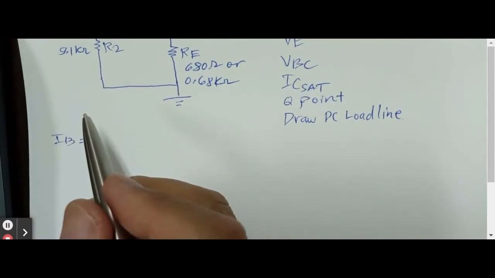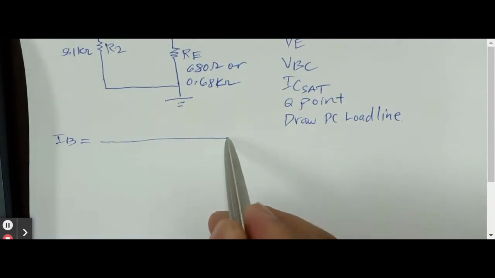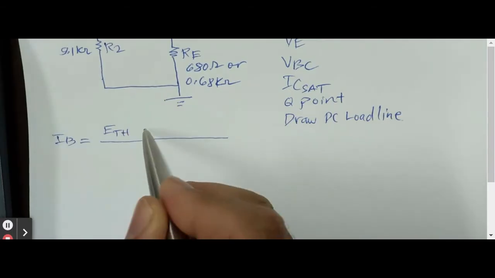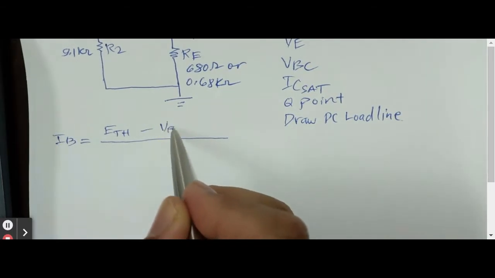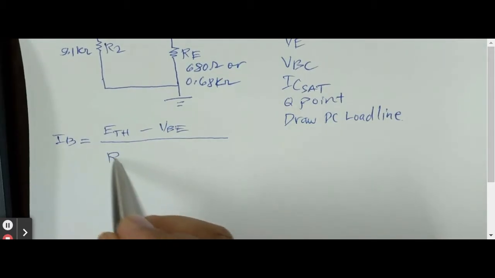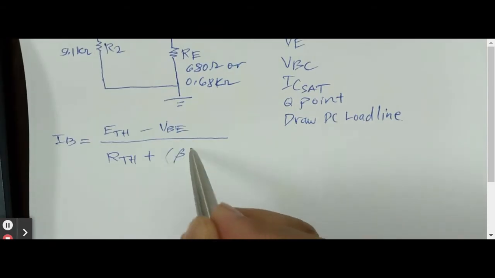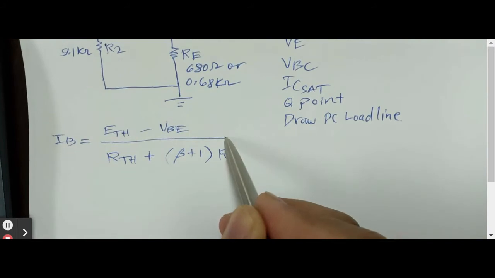For the IB, we need to use a difficult formula, but I hope you understand this. This is the Thevenin's voltage minus the VBE divided by the Thevenin's resistance plus beta plus 1 multiplied to RE.